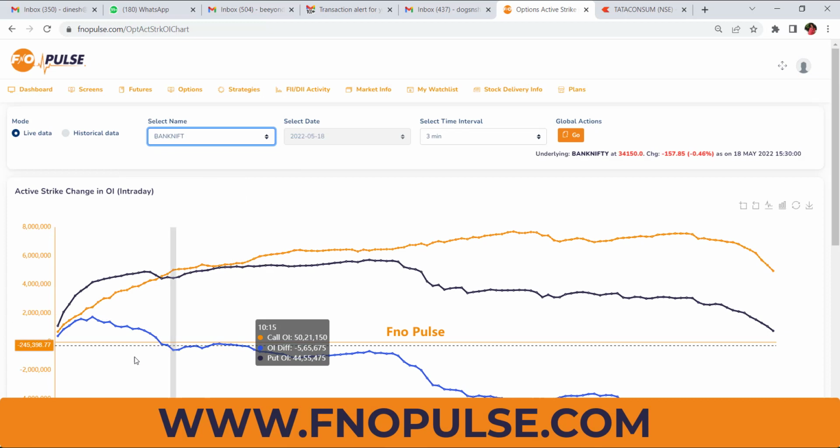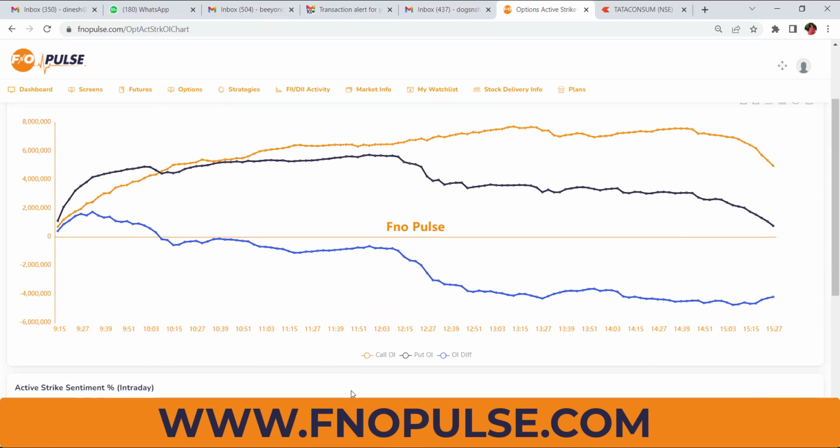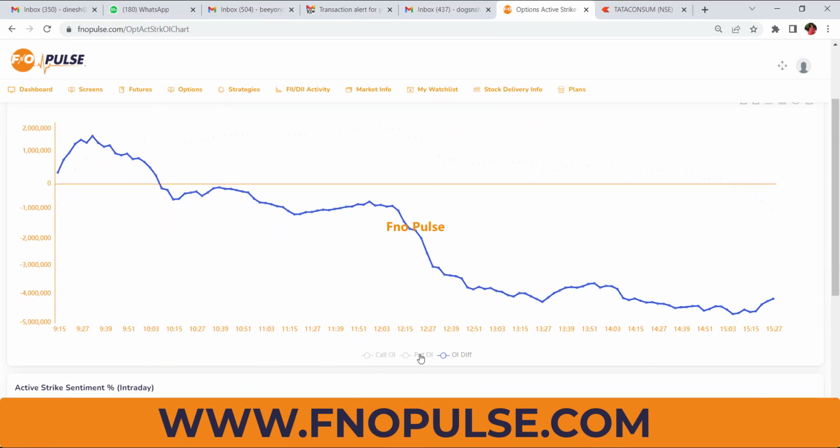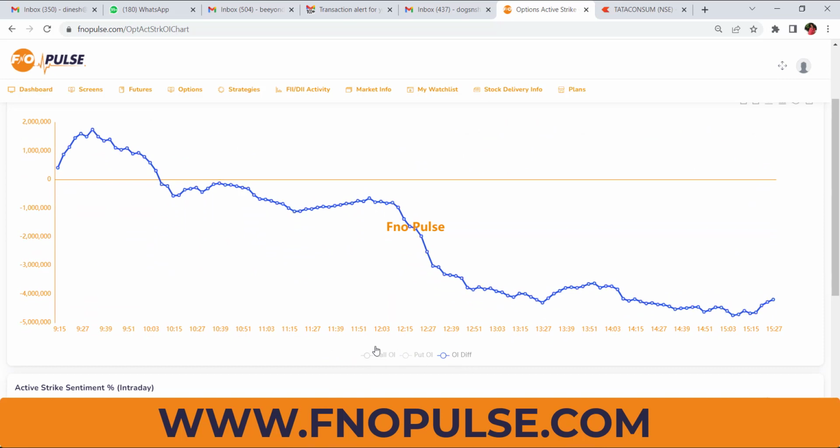Here in the Nifty and Bank Nifty, we are finding the active strike price. We want to understand the OA difference first. The OA difference from morning around 10:15 was above the zero line. So we can understand the market is on the bullish side.